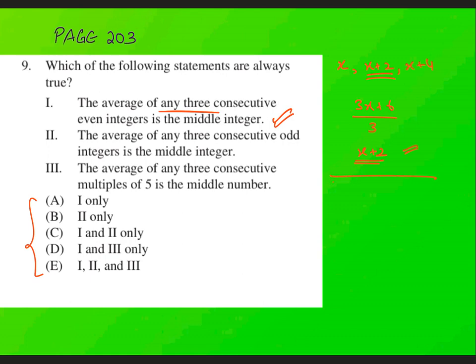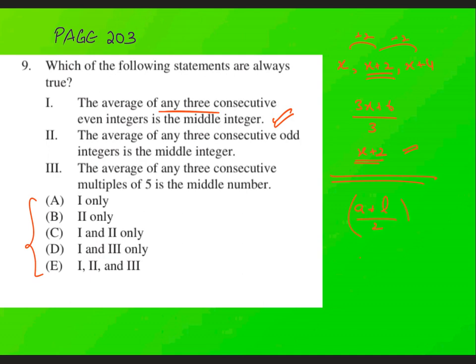Also, there's one more approach to this question. If you remember, we have discussed this case in AP. It's an AP because there's a common difference of 2. What I said was, if you have to find the average of any number of terms in an AP, what you do is you take the first term, take the last term and find its average.